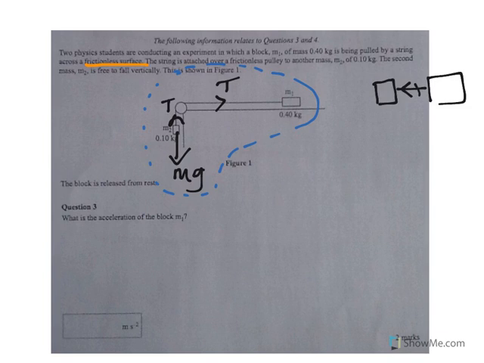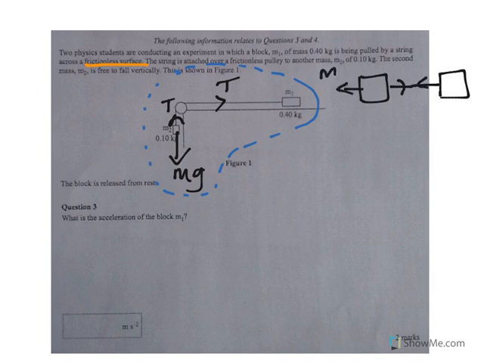Got our tensions. I'll just redraw that a bit neater. We've got our two objects. We've got a tension, and we have this external force, mg. So there is our system.